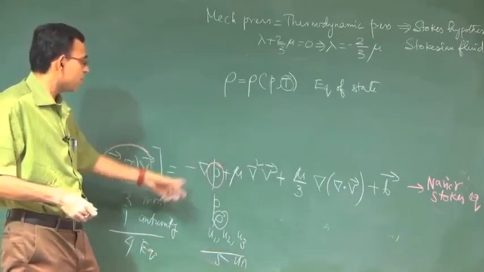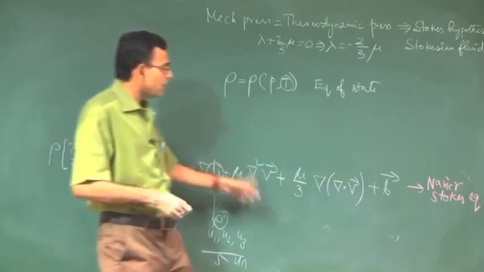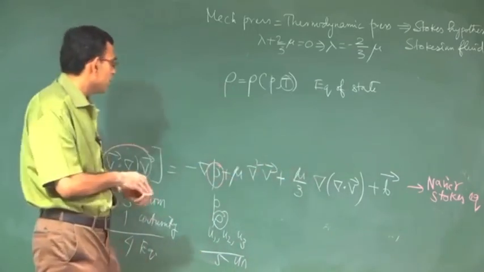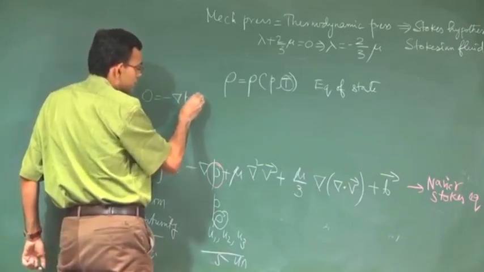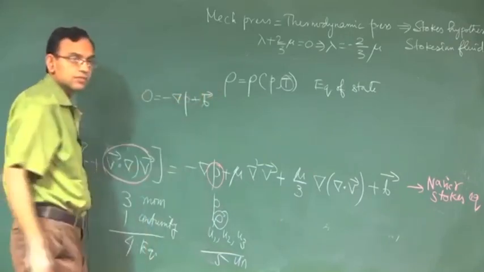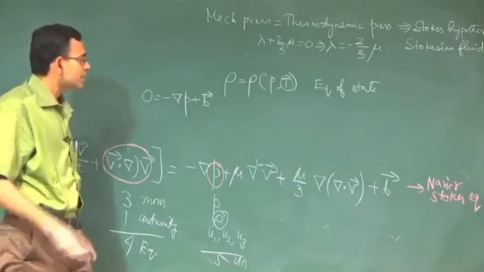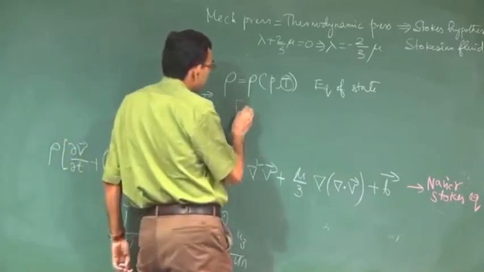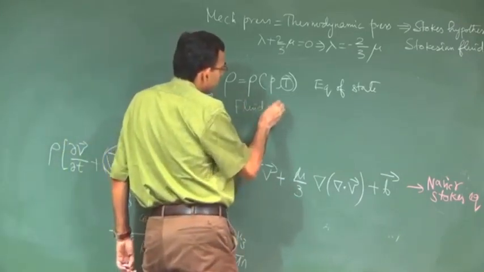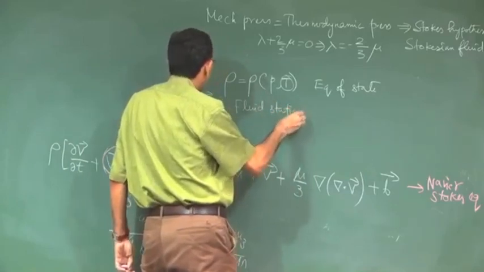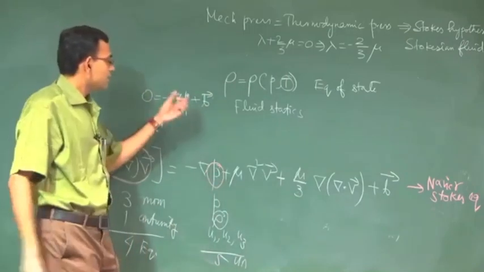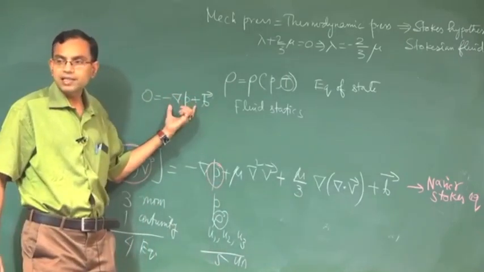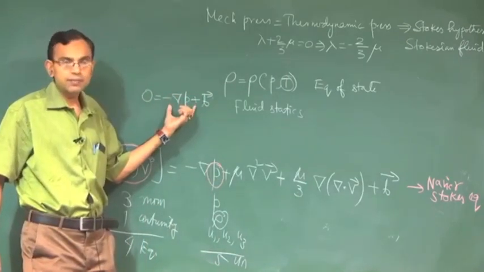If you have this equation and you set all the velocity terms to 0, you are left with this equation, right. This is just an equation for fluid statics, with gravity being the only body force. This will be the governing equation that relates the pressure gradient with gravity.